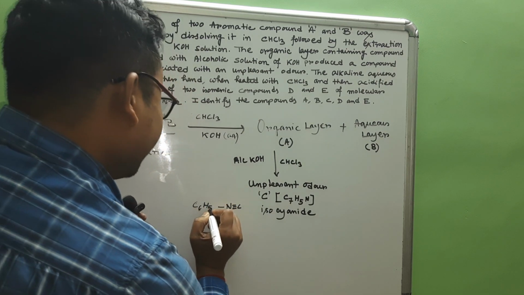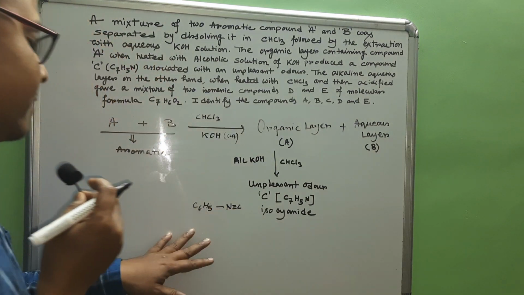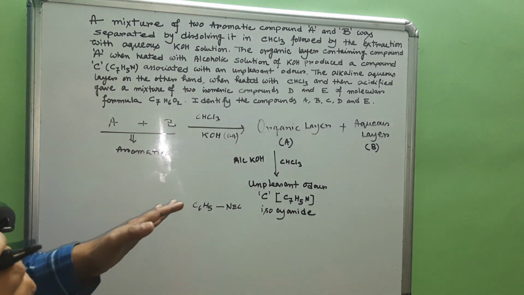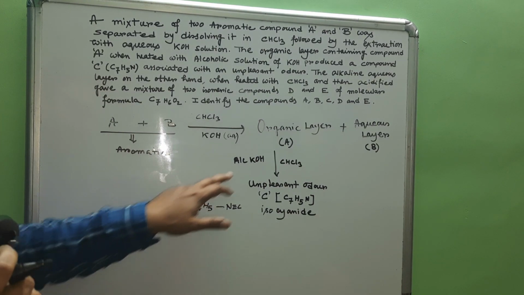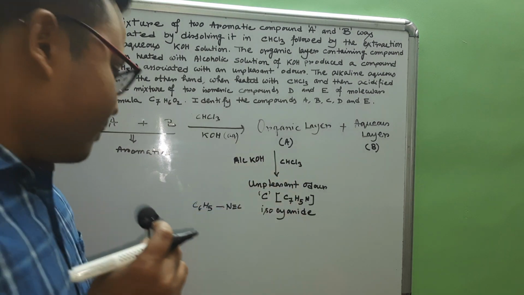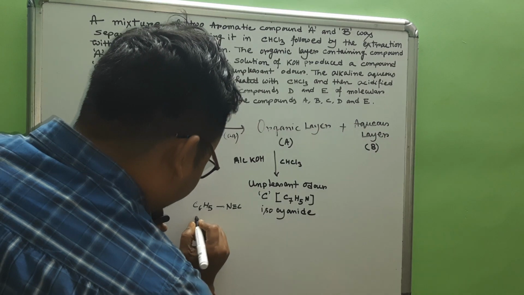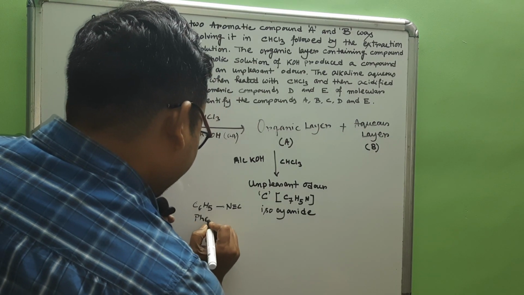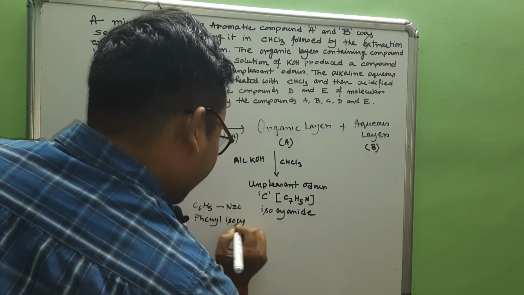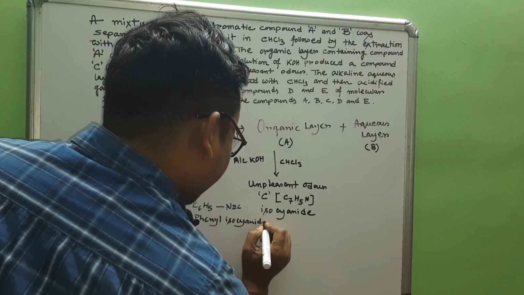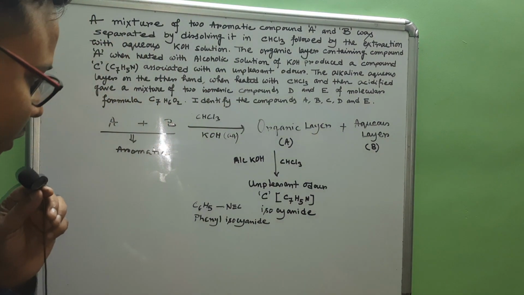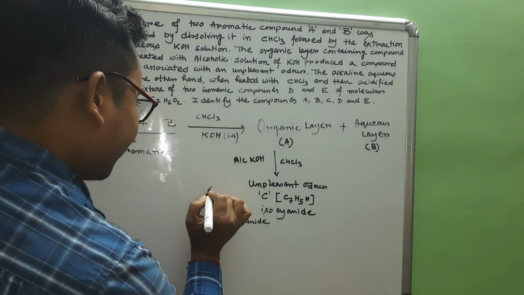C6H5 means this is an aromatic isocyanide. Because we know that A is aromatic, this part will not be hampered upon treatment with alcoholic KOH and chloroform. So this is phenyl isocyanide. You can also say isonitrile.